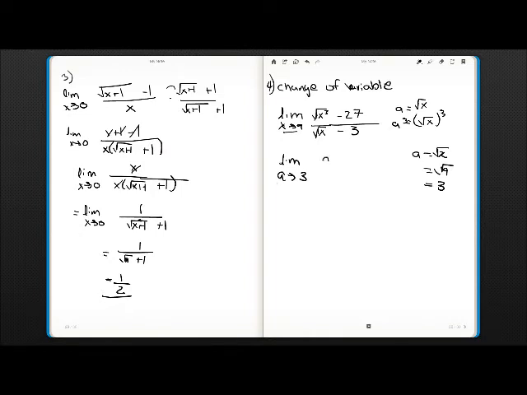So say now we have a cubed minus 27 over a minus 3.